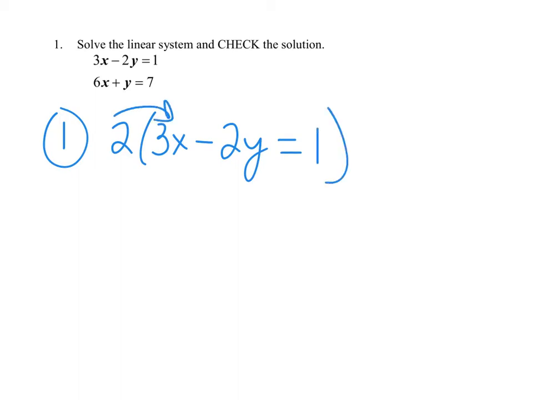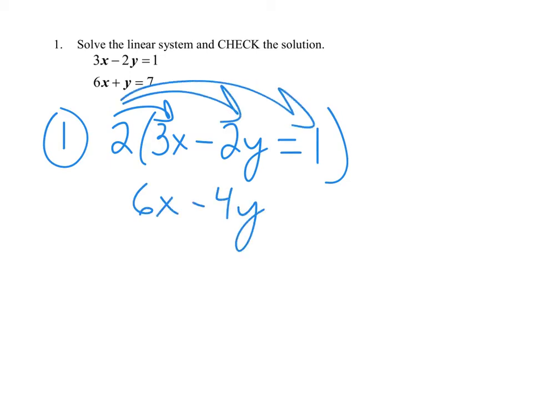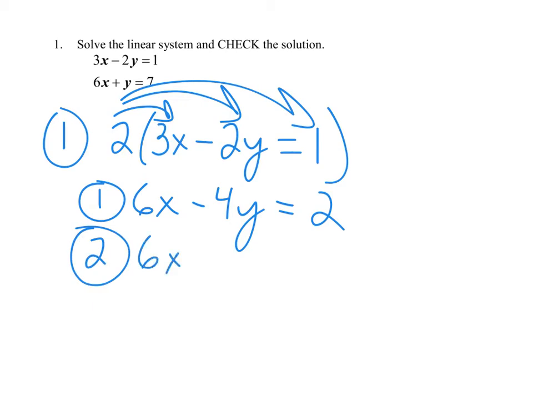With the distributive property it becomes 6x minus 4y equals 2. So this becomes the new equation 1, and equation 2 is 6x plus y equals 7.